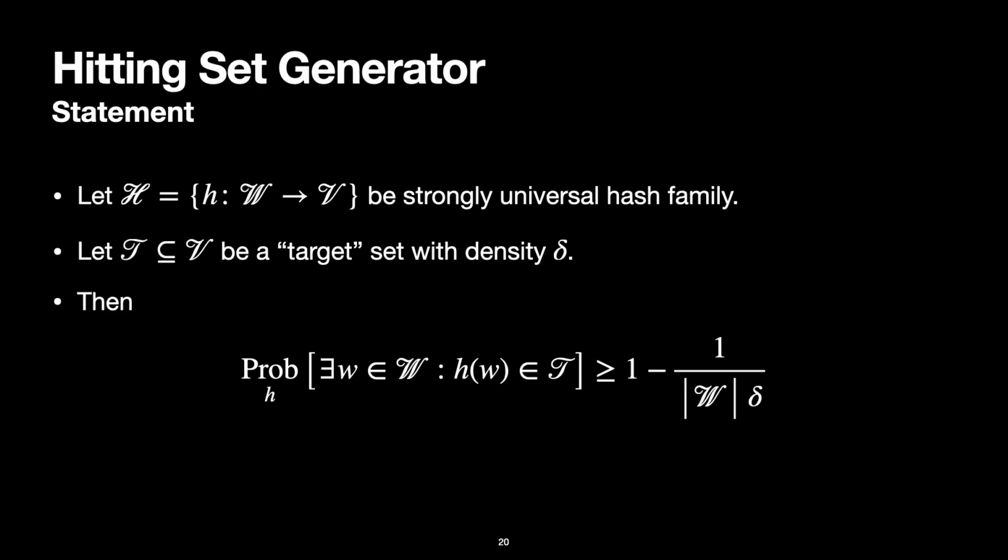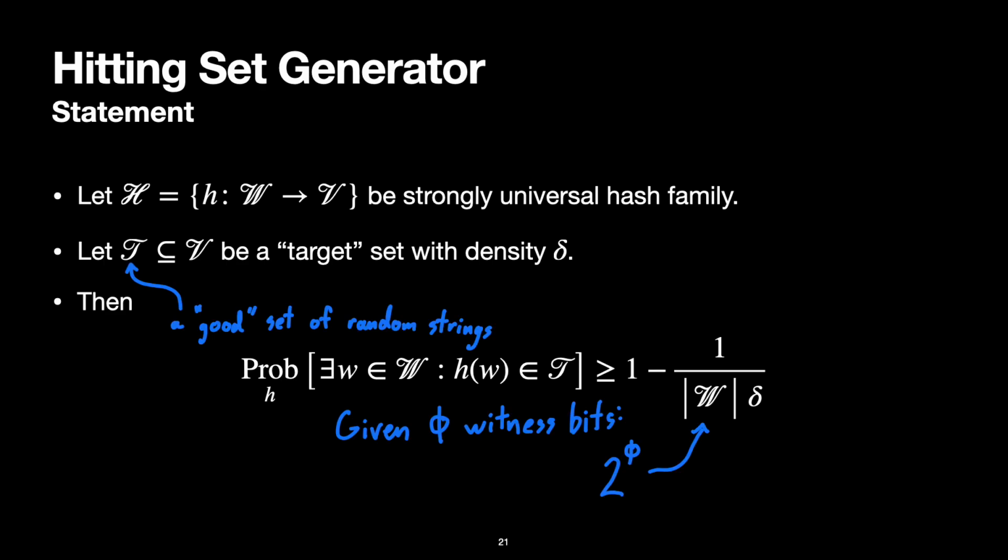Framing this in our framework, we're going to think of the target set as the set of good random strings that will result in success, and that cardinality of W, cardinality of the witnesses, is going to be 2 to the phi.